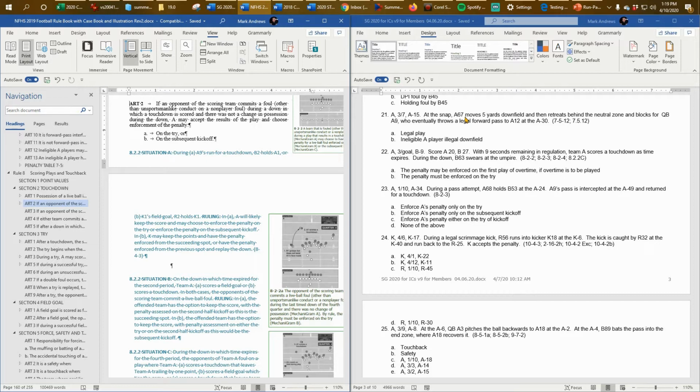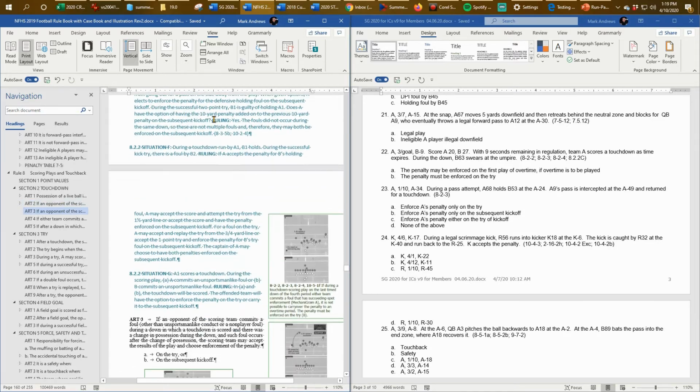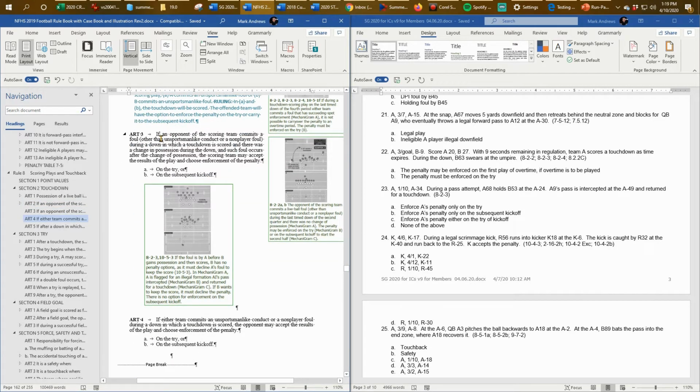The choices for the answers are: the penalty may be enforced on the first play of overtime if overtime is to be played, or the penalty must be enforced on the try. And he has several rule references here. They all say the same thing. This one deals with an opponent of the scoring team committing a foul when there was no change of possession. This one deals with the same thing, but there was a change of possession.